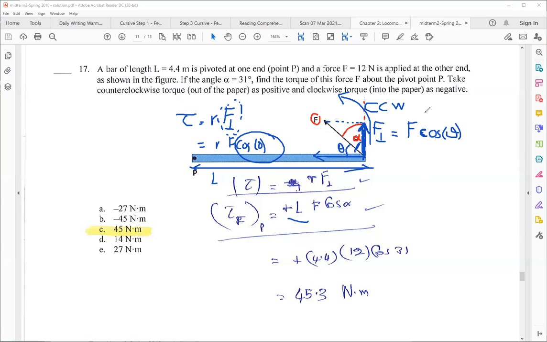CCW means the torque will be greater than 0, so it will be a positive torque in this case. So the rest is easy. Just plug in the numbers, and you end up with this amount of torque being applied.